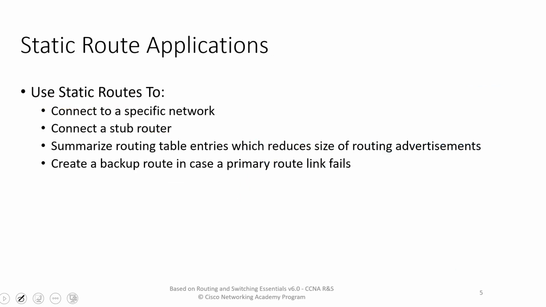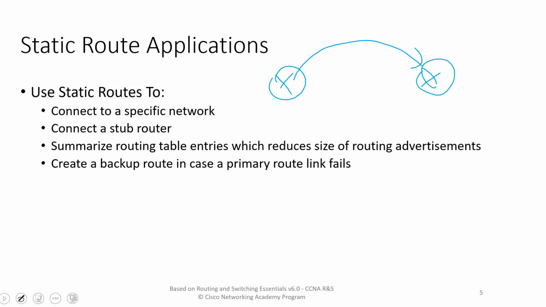Where we would use static routing is, one, when we are connecting to a specific network. Say if we have a router here and we want to connect to a specific network in another router, we can directly attach a static routing entry and directly route to that.